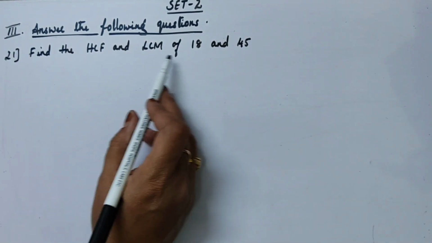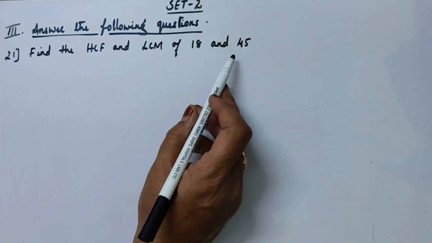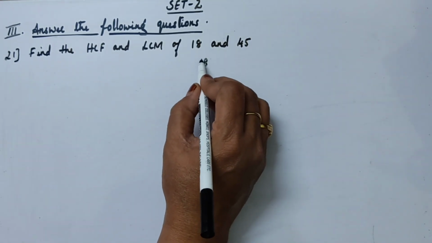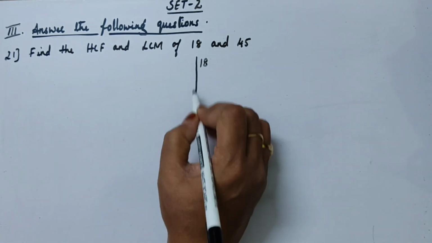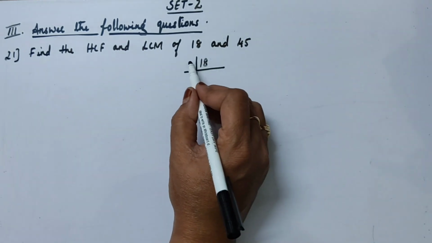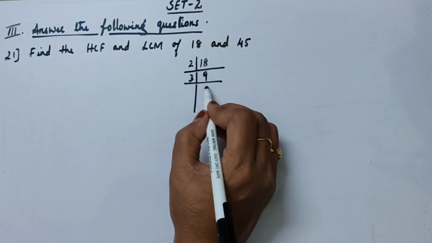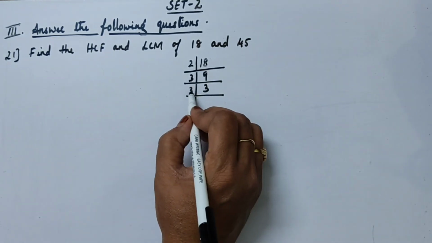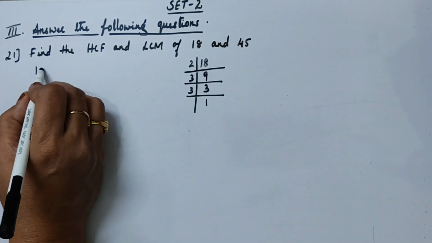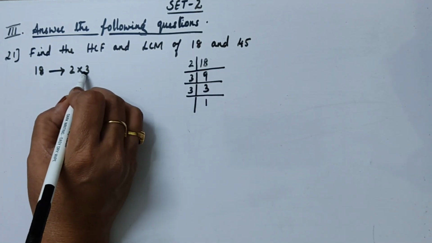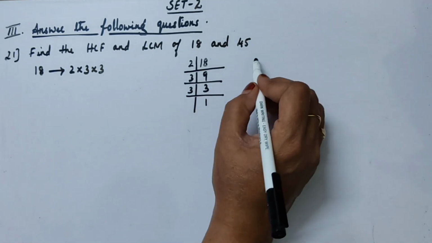Find the HCF and LCM of 18 and 45. So 18, let us find the prime factors. 2 9s are 18, 3 3s are 9, 3 1s are 3. So the factors of 18 are 2 into 3 into 3.